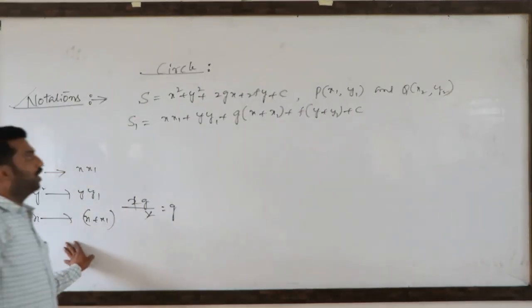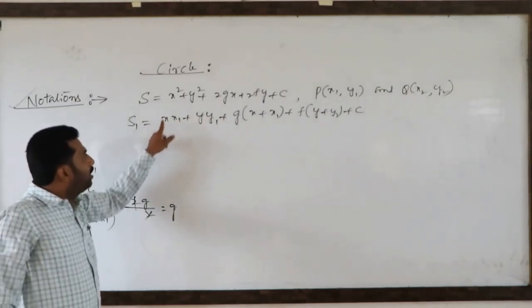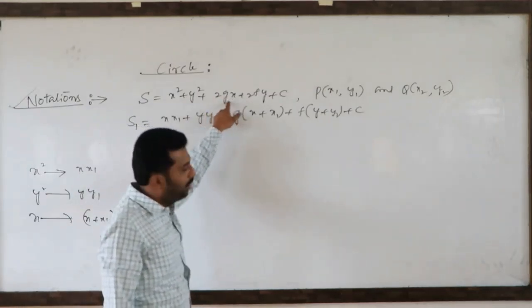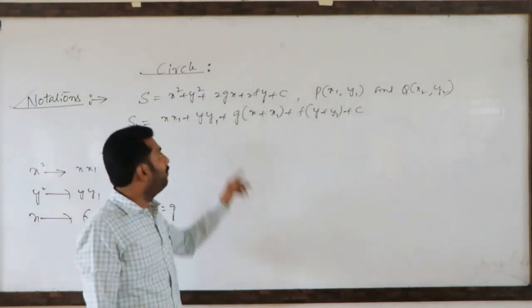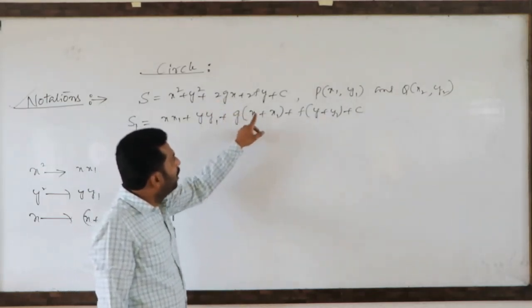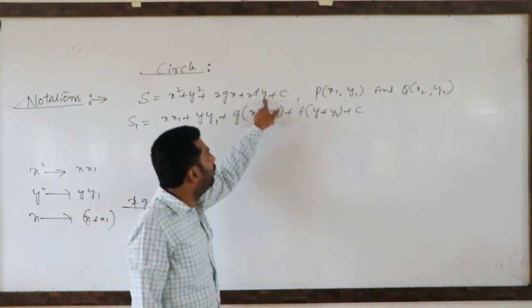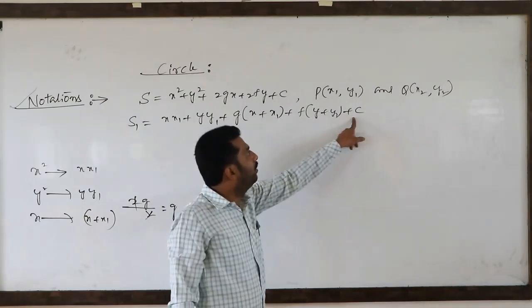So how to write S1 from S: x square becomes x x1, y square becomes y y1, plus half of the x coefficient, that is g, into x plus x1, plus half of the y coefficient, that is f, into y plus y1, plus c.